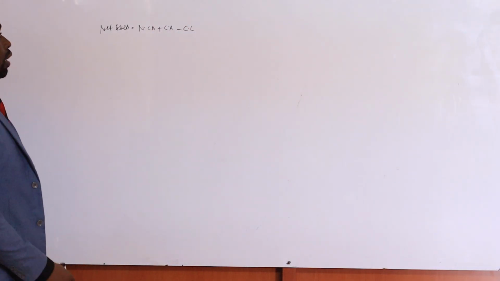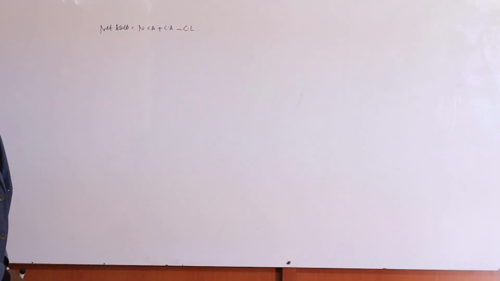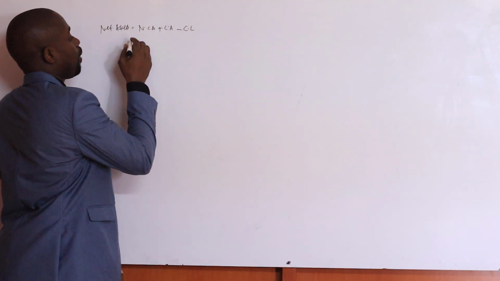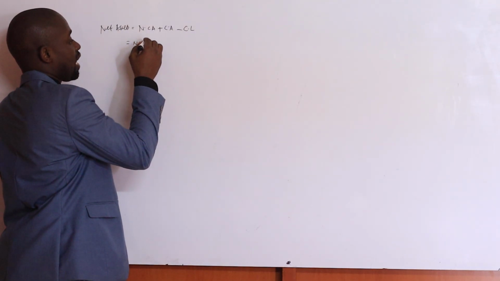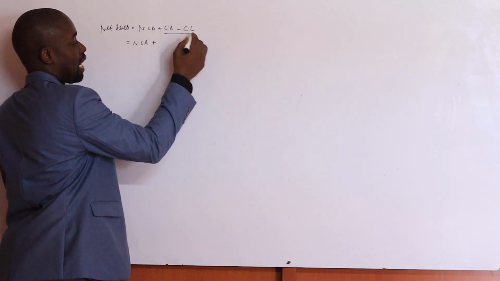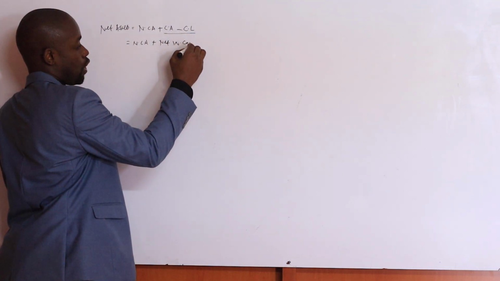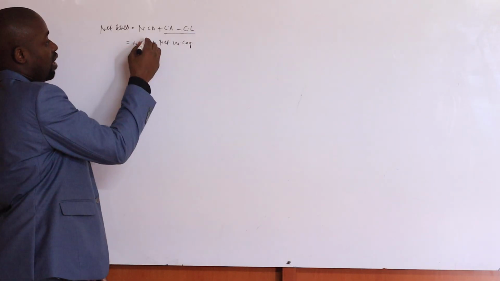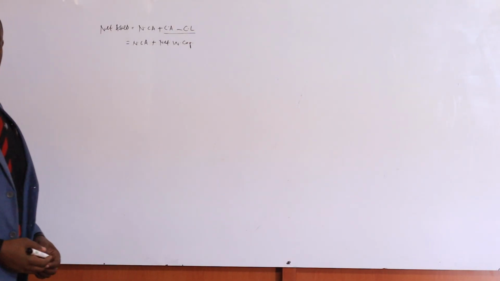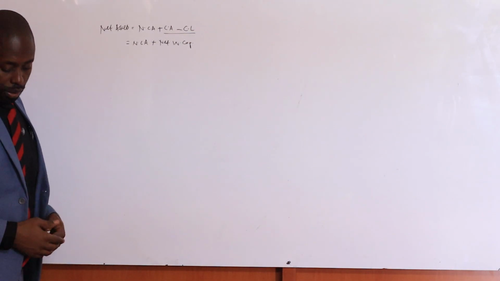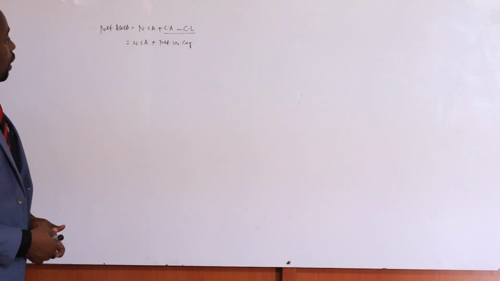So we get what we call net assets. We said if you take current assets minus current liability, you get what we call what? Net working capital. So it's also giving us non-current assets plus net working capital. That's how we have obtained what? We obtain net assets.